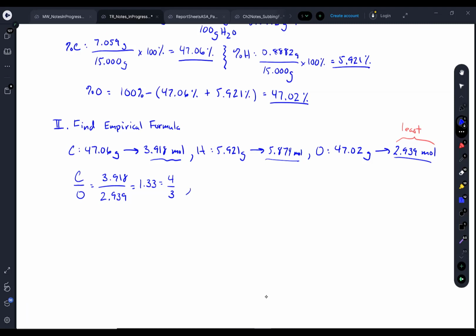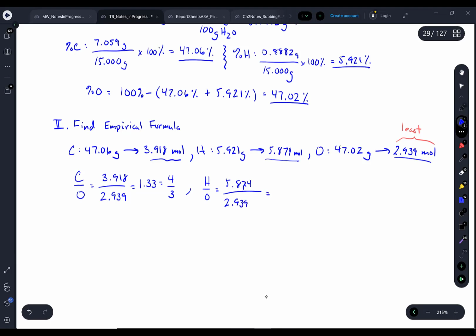And the other ratio is hydrogen to oxygen. Good. So hydrogen to oxygen is 5.874 over 2.939. Which is basically 2, which as a fraction is 2/1.